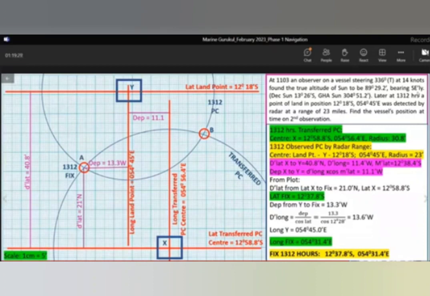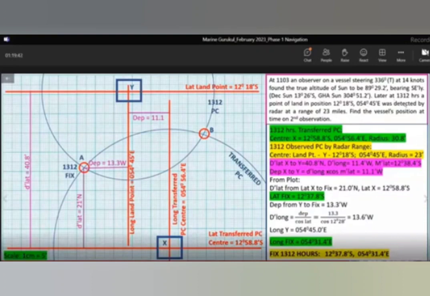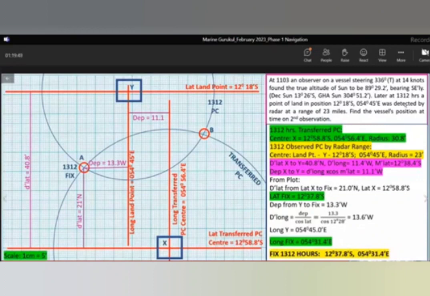Even a small error in its bearing, and the position line is going to go miles away. So we do not use the azimuth of the body to draw a PL. That's why we cannot use this, beta. Okay, got it? Yes. Otherwise you were thinking on the right lines, but principally we don't use it in navigation.